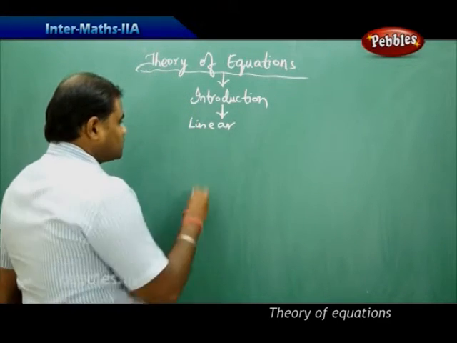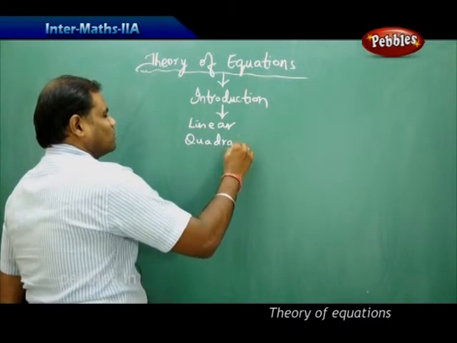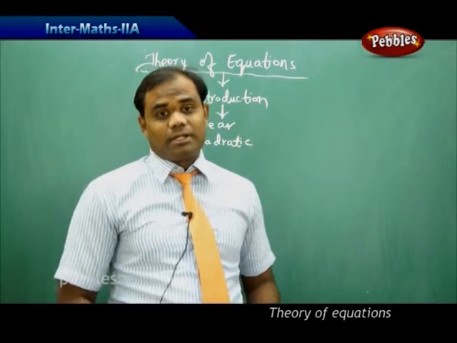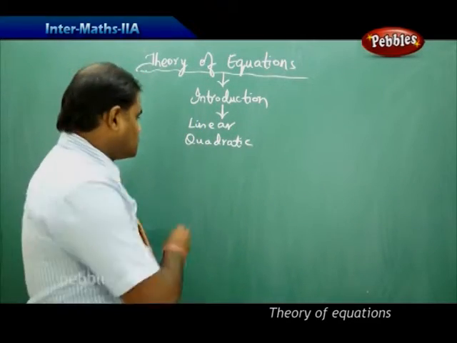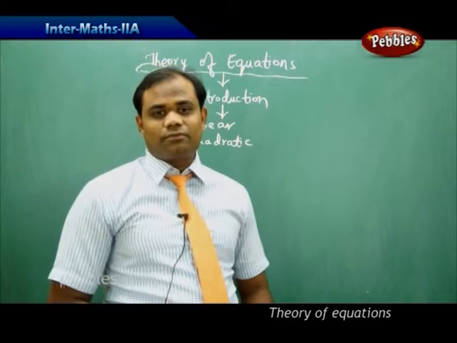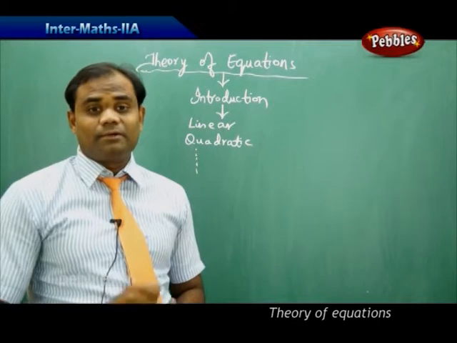Then we have also discussed the quadratic equation in the recent session, which was in the form ax squared plus bx plus c. We have different types of equations which are decided on the highest power they have.